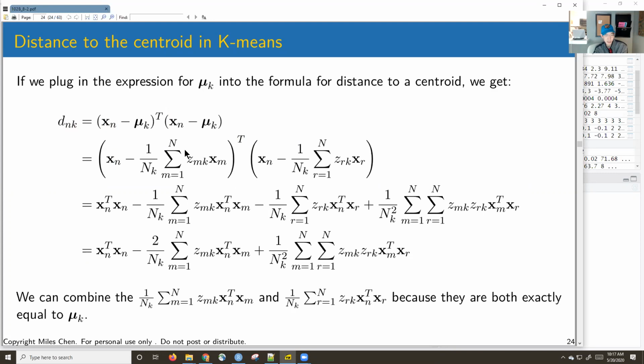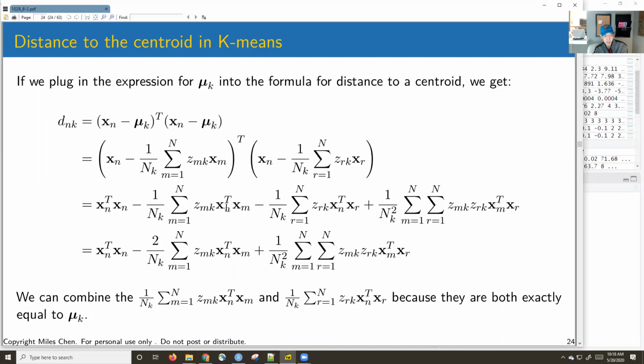So I've got xn transpose xn. And then we'll do the inner, so I've got this thing multiplied by this.